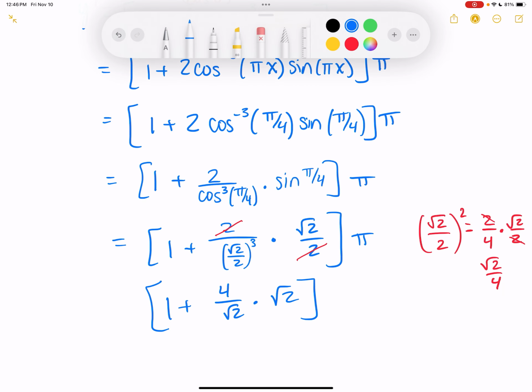And don't forget the pi. So now, root 2's cancel, which leaves you with 5 pi. Now, you could have probably gotten there in fewer steps than I did, but more so just trying to make sure you see everything.